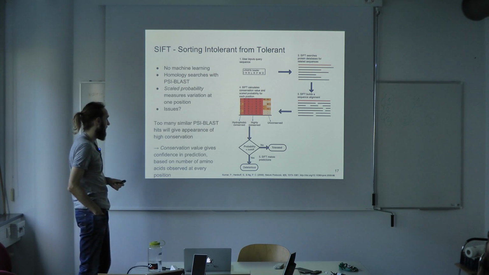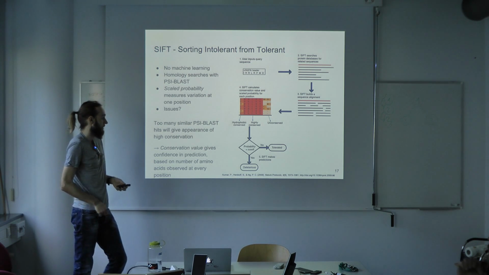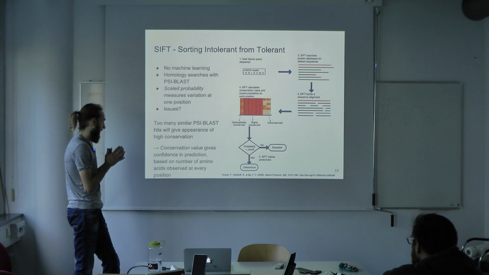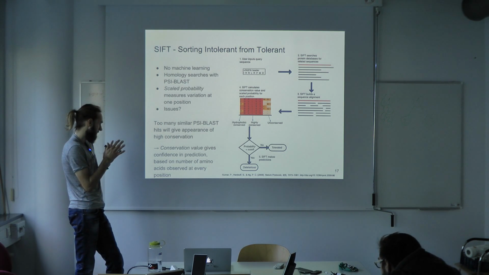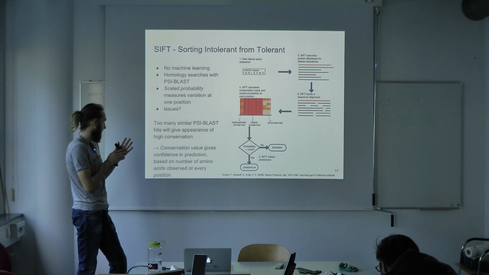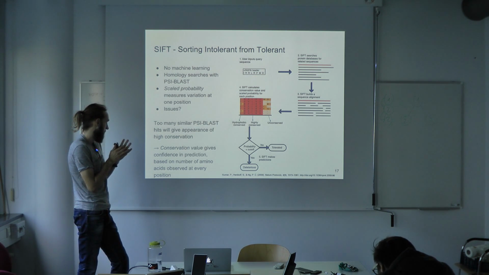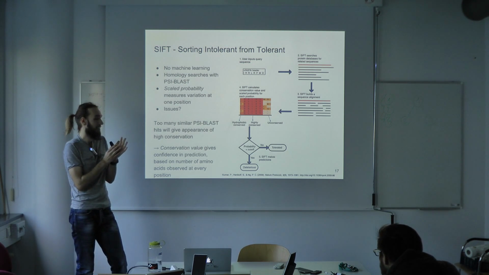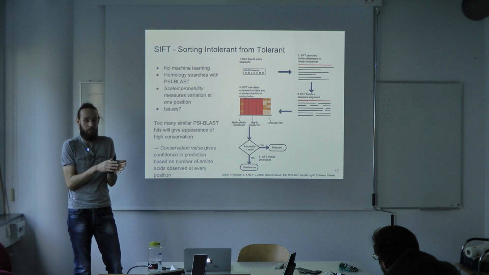Exactly, so too many similar hits from SciBlast, and to counter this they have this additional value, the conservation value. That is essentially a confidence measure. What they do is look at every position: how many amino acids do I even see of the 20?